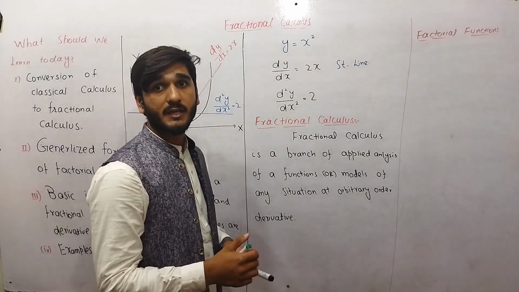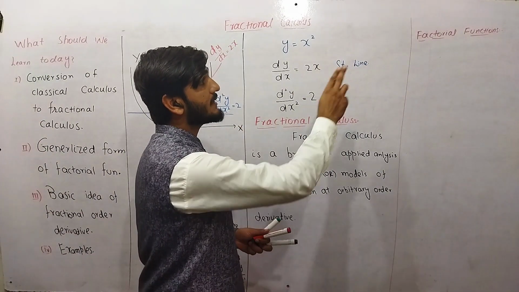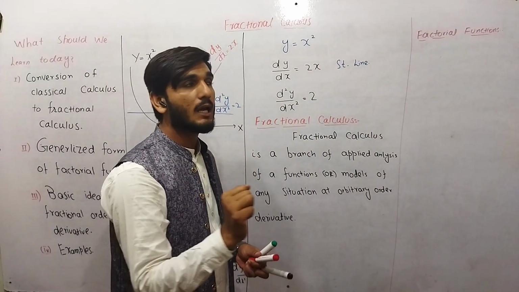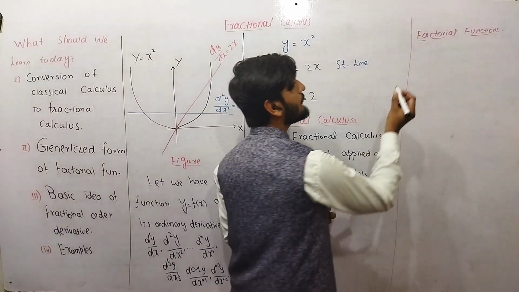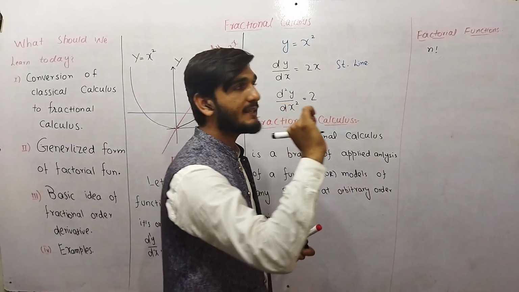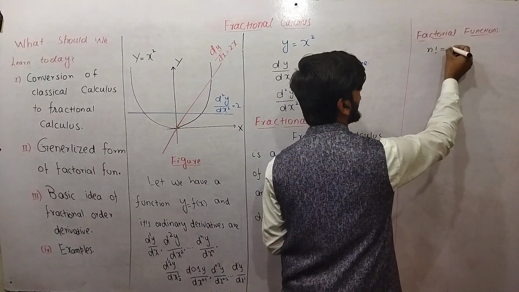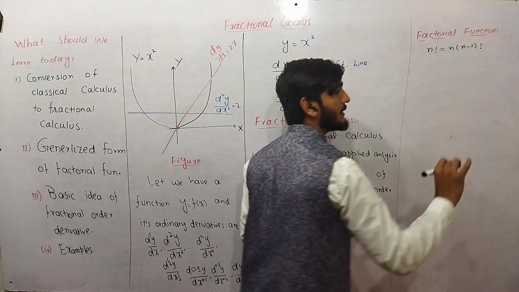We will continue our study of fractional calculus by understanding factorial functions. As we all know, the factorial function of an integer n is described as n times n minus 1 factorial.